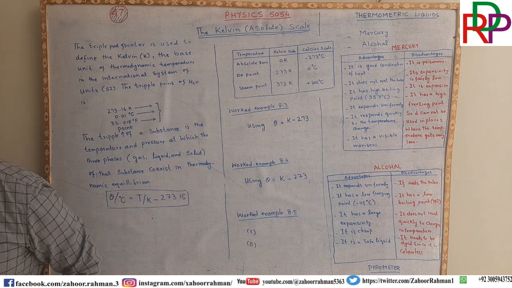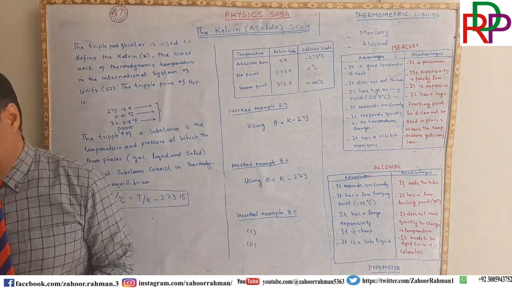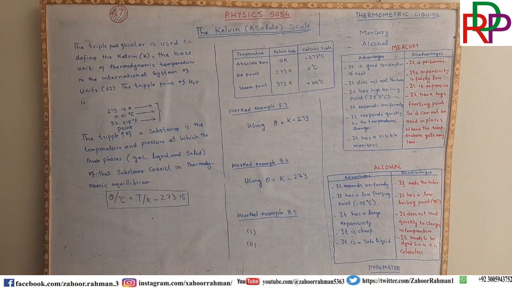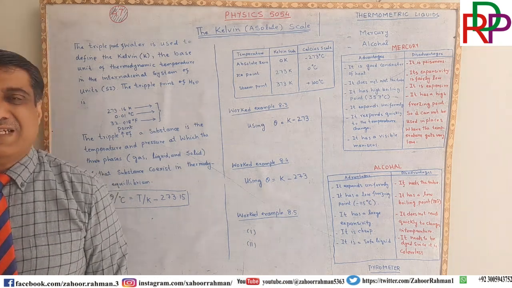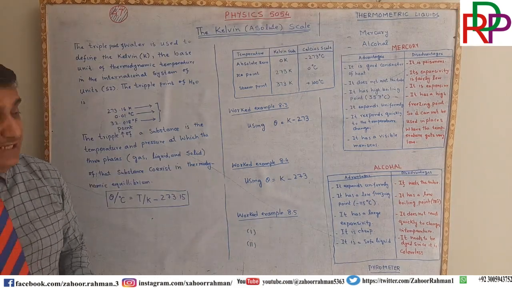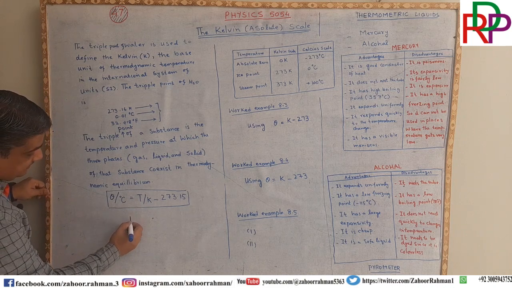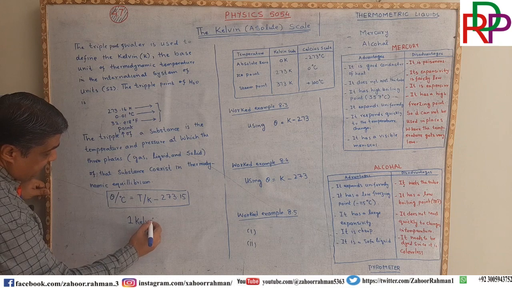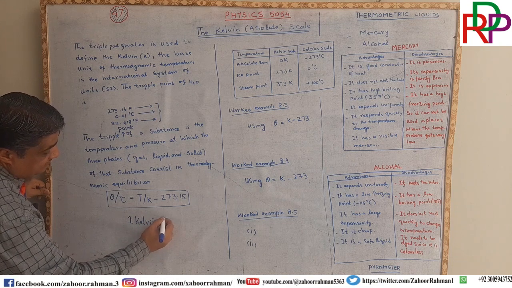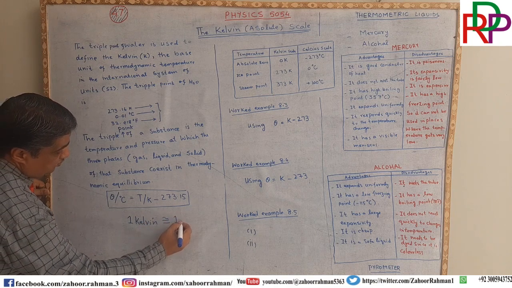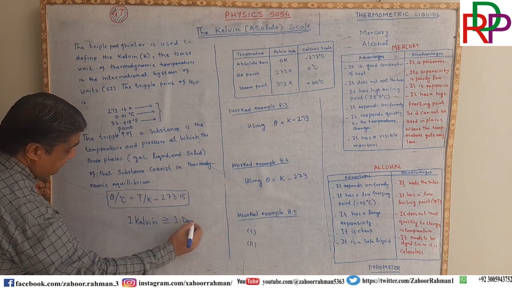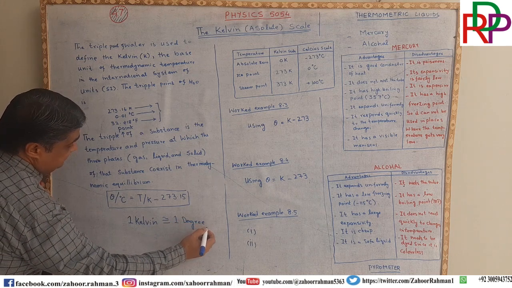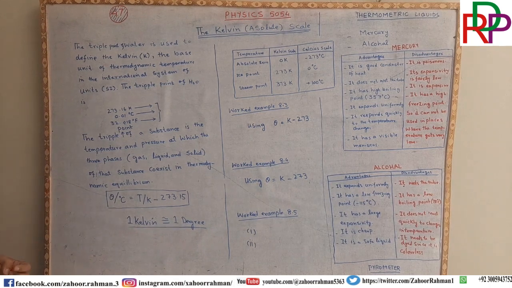The interval on both the Kelvin and Celsius scales are the same by definition. That is, 1 Kelvin is nearly equal to 1 degree. You have to remember that 1 Kelvin is nearly equal to 1 degree, and we will derive this concept later on in this lecture.